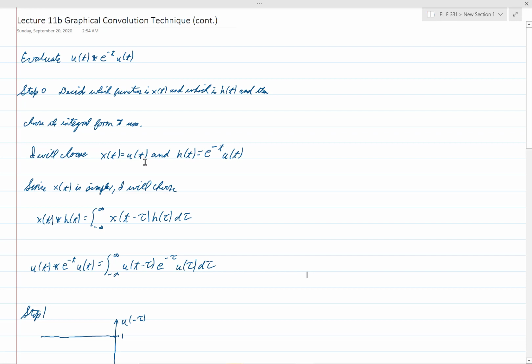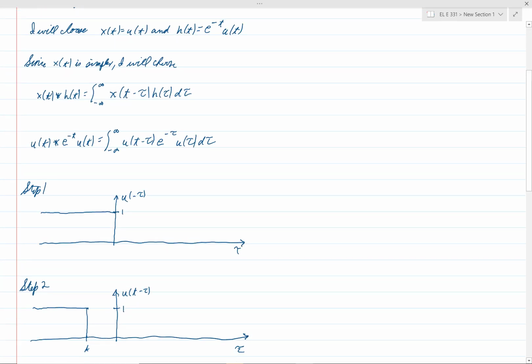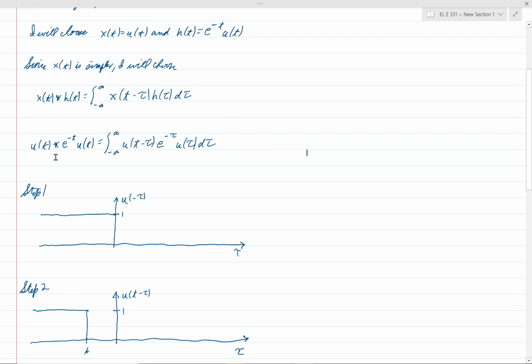And then since x is simpler, we'll choose to write the convolution in this form, integral minus infinity to infinity, x of t minus tau, h of tau, d tau. And if you keep in mind that x is equal to u and that h is equal to e to the minus t times u, then we can also write the convolution integral like this.